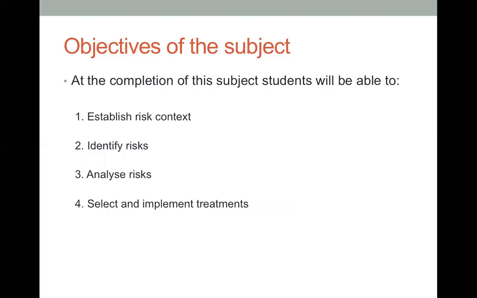Okay, this is again the brief objective of the subject. They are the objectives of the subject, which are basically the elements that you need to consider in your risk management framework. This is in line with what we have observed in the diagram that I presented in Module 1.